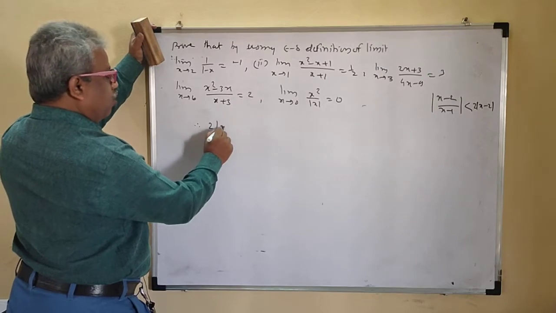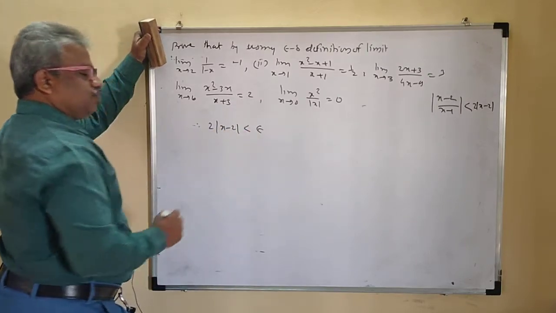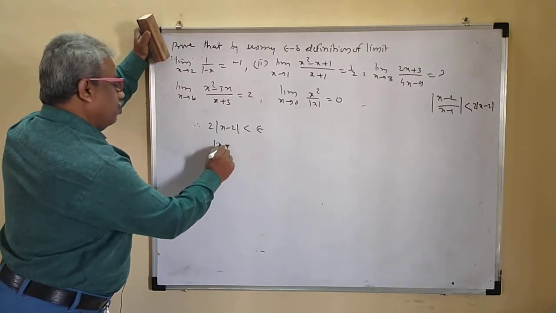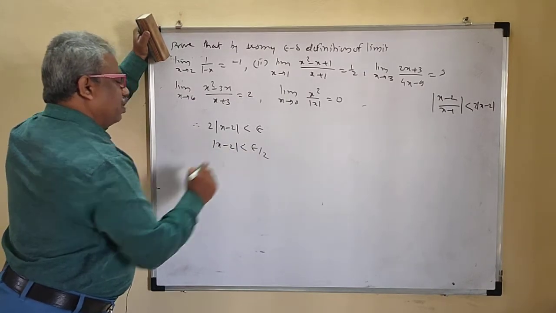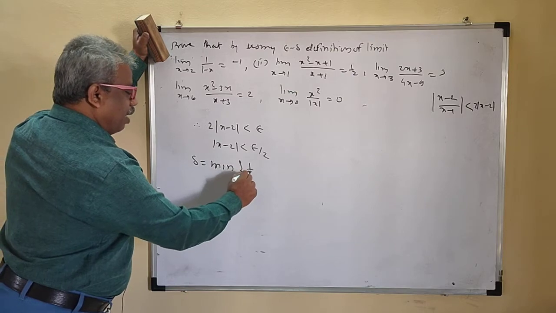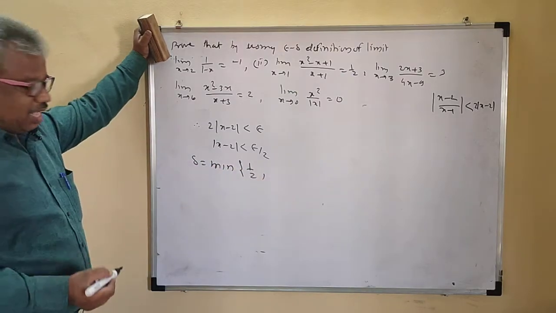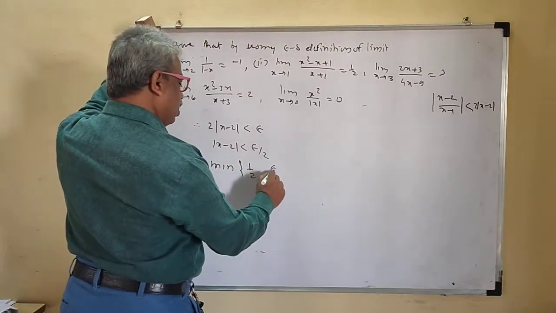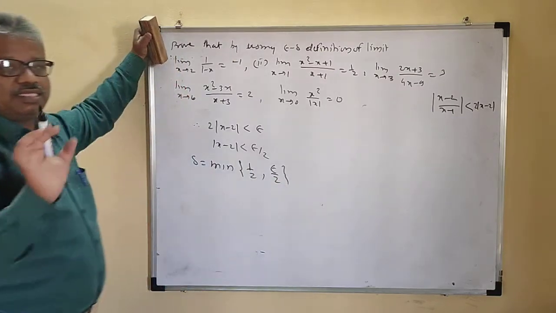Therefore 2 into mod of x minus 2 less than epsilon, so mod of x minus 2 is less than epsilon by 2. So take delta equal to the minimum of half and epsilon by 2. We have taken x minus 2 as half. We only have to prove that there exists delta.